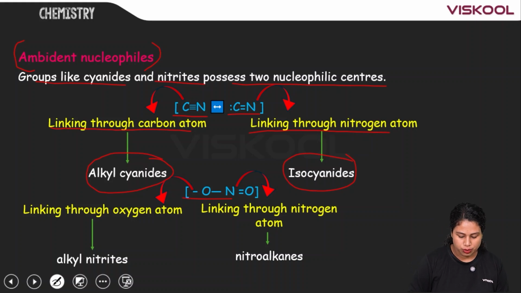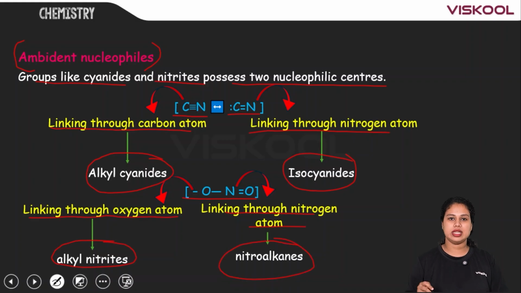Another one is NO2. The linkage can happen through the oxygen atom, which results in alkyl nitrites, and linking can also occur through the nitrogen atom, which gives nitroalkanes. So these are some of the ambident nucleophiles. I hope everything about nucleophile is very clear to you.